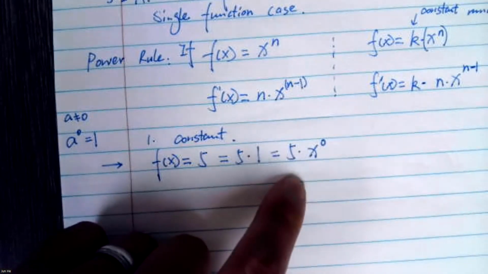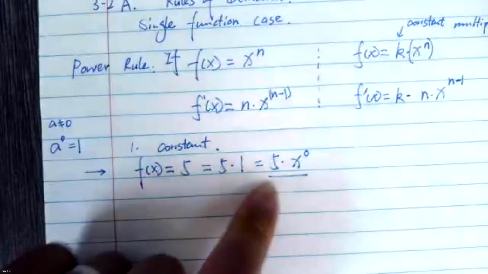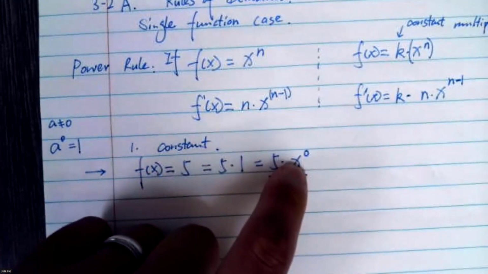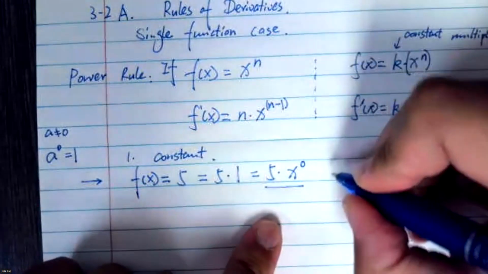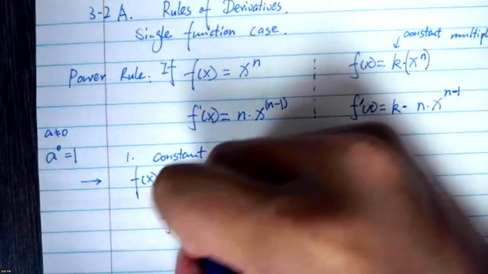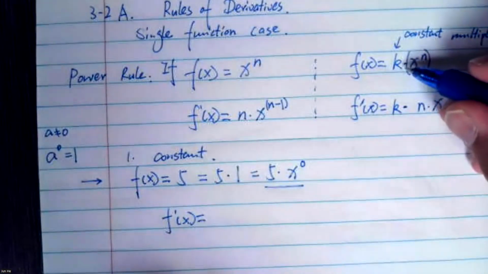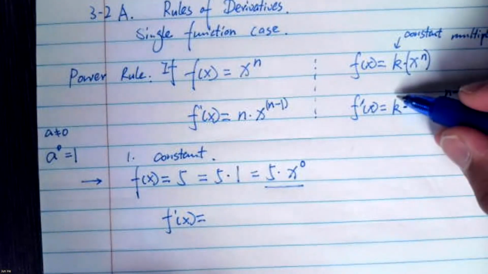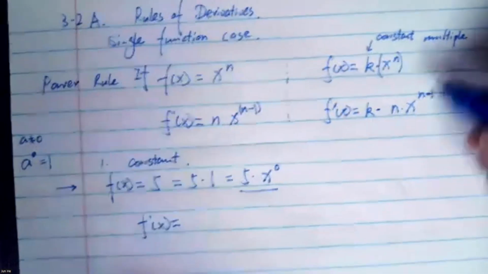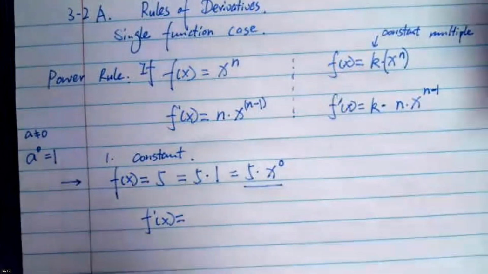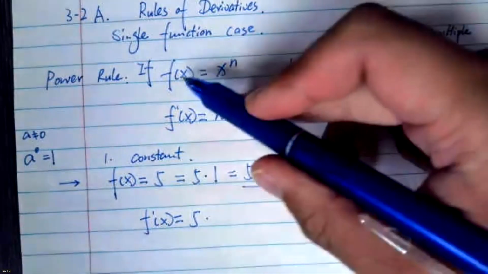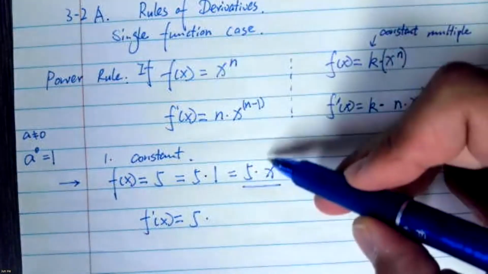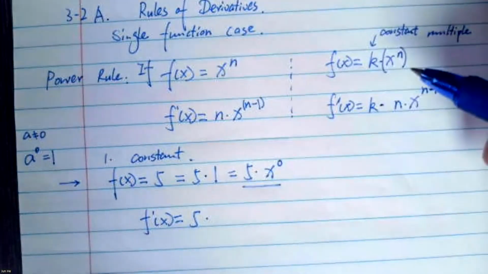Okay, so now with this function written this way, we can apply the power rule. All right, so for its derivative, what we can do is we keep the constant multiplier. In this case, that's 5. We keep it down, and now we apply the power rule to this function x to the power of 0.